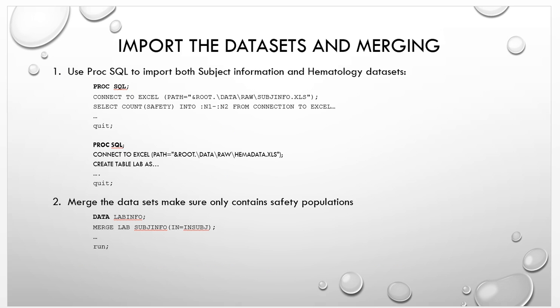In implementing the SAS code, I first use proc import to load the two raw data sets, hema data and subject info data. When merging, I use a right join to keep all the subject info records, marking that each patient's safety criteria is equal to 1. That keeps all the patients in the hematology study belonging to the safety population.